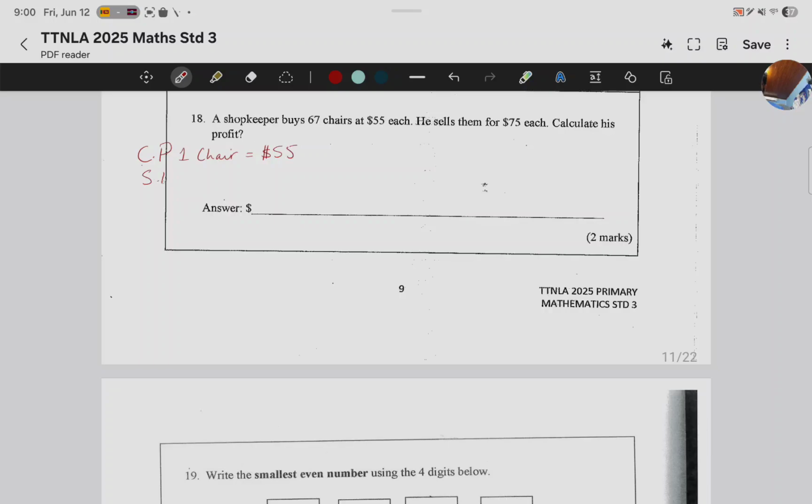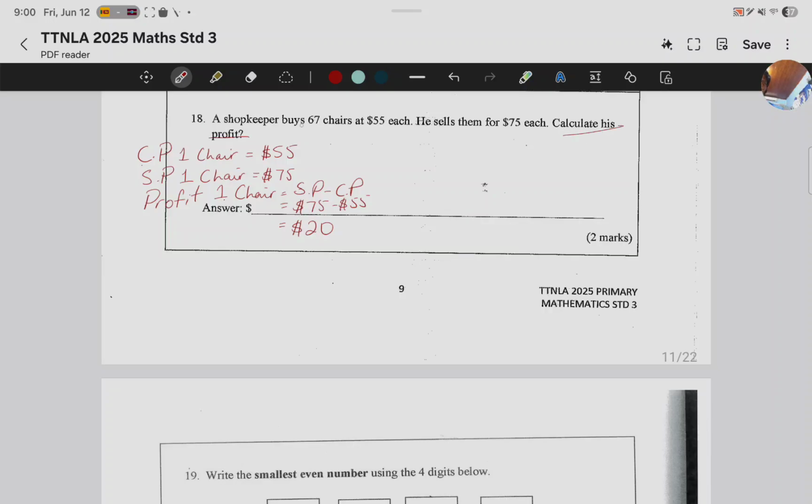The selling price of one chair is $75. So the profit of one chair would be the selling price, take away the cost price, which would be the $75, take away the $55, that will give us $20. So we profited $20 on one chair.